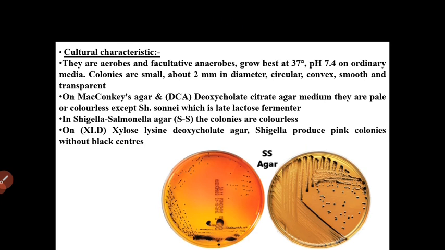See, these are different mediums on which Shigella is grown, and how the colonies are formed, what changes, what sugars they are fermenting, everything is studied. So on XLD, Shigella produce pink colonies without black centers. Every medium has its own property. Understood?